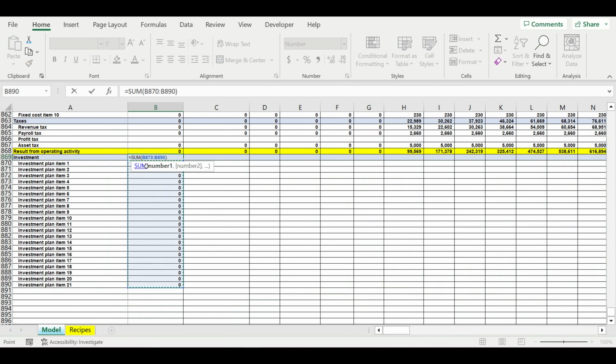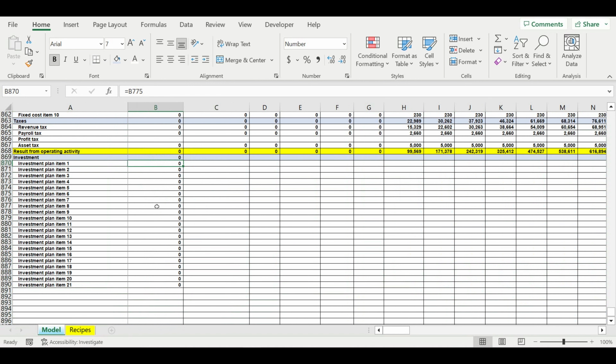The next important block will be the result from investment activity. I will take this total with a minus sign because in our case the investment is an outflow, so minus this line.